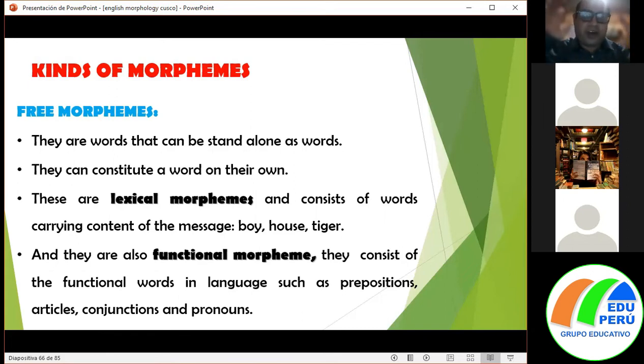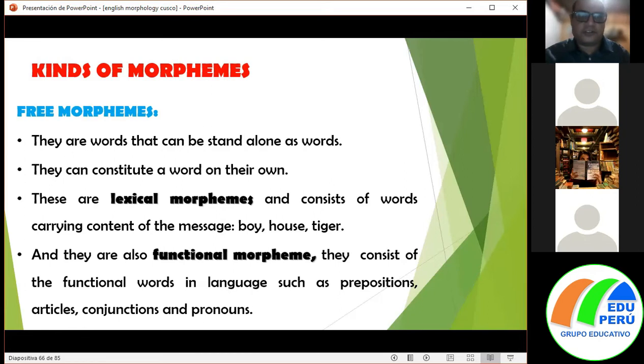We are going to divide words into two types: content words and function words. That's why here it says functional morpheme. Content words, we have four: nouns, verbs, adjectives, and adverbs. They are content words because they carry the content, the message.